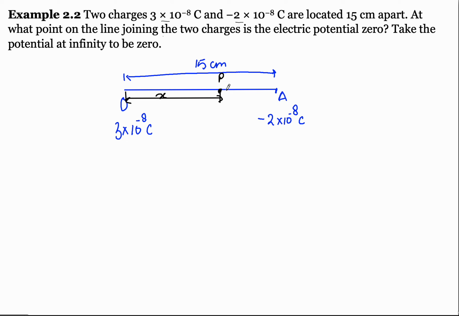Now obviously this distance PA will be 15 minus X.